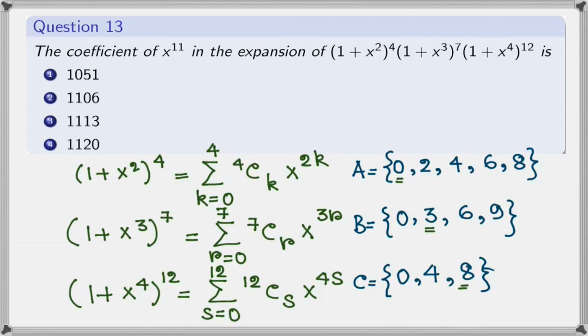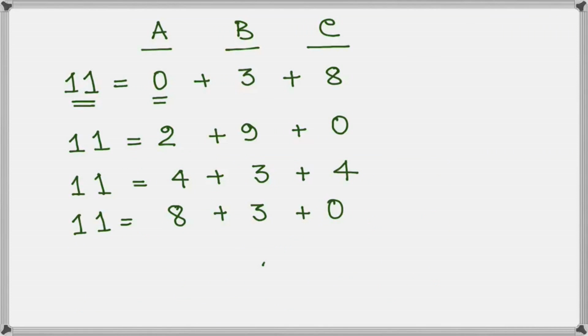We can then note that there are no more possibilities left. So we have only 4 possibilities of writing 11 as a sum of three integers, each one coming from the set A, B and C respectively.